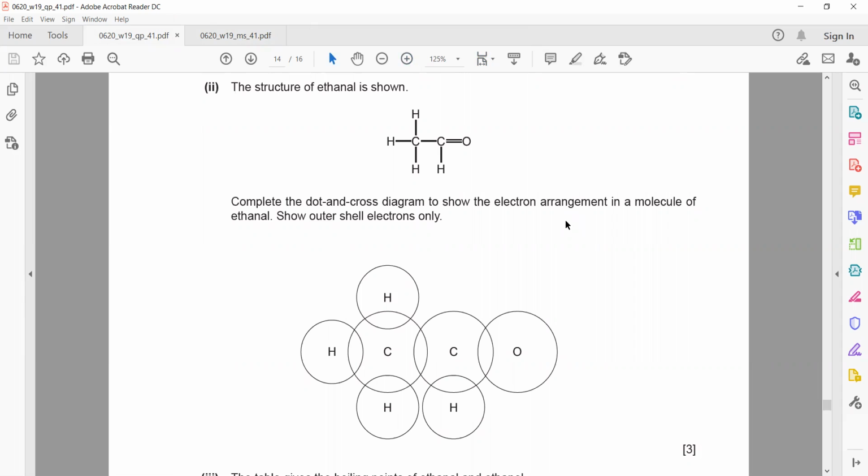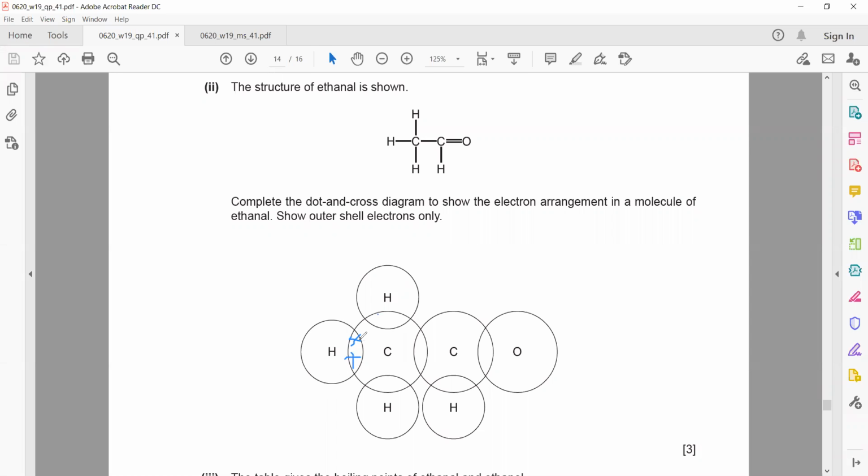You should use a different symbol when you're representing, for example, the two electrons shared between carbon and hydrogen.